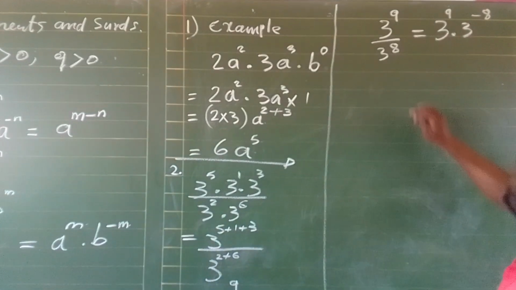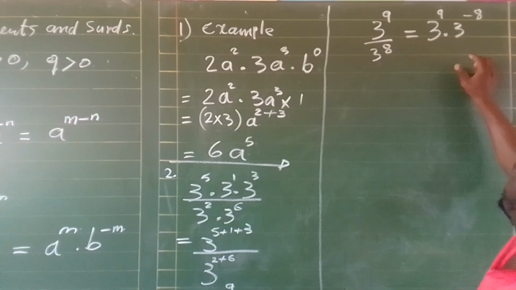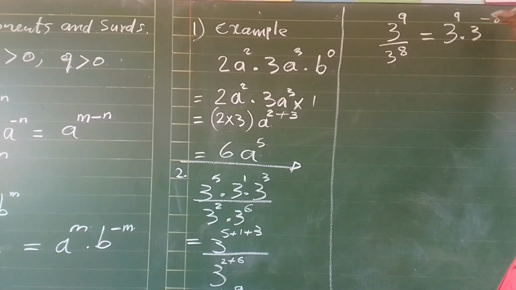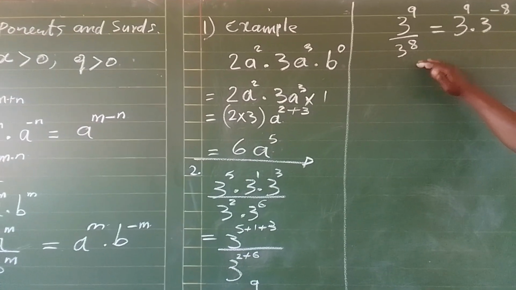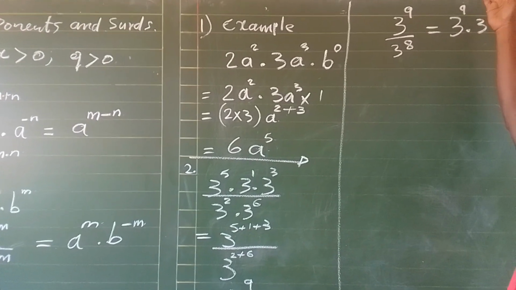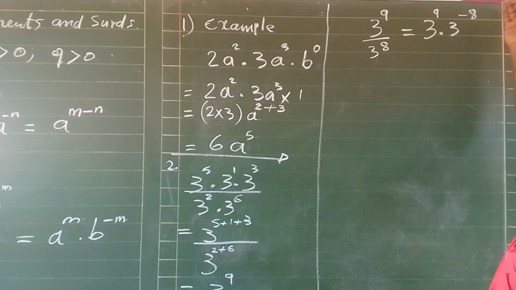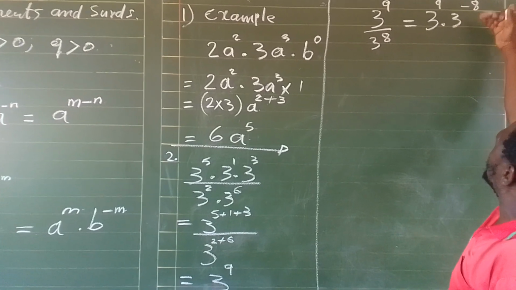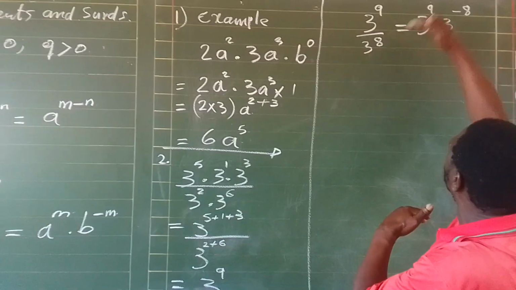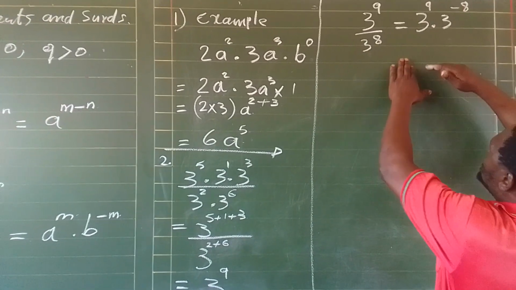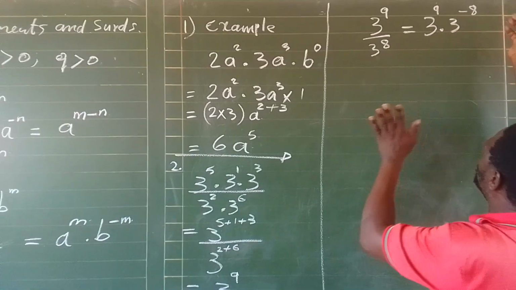Remember, I have taken this 3 to the power 8 from the denominator to the numerator. When you take it to the other side of the division line, the sign changes. If it was positive, it is going to be negative; if it is negative, it is going to be positive.